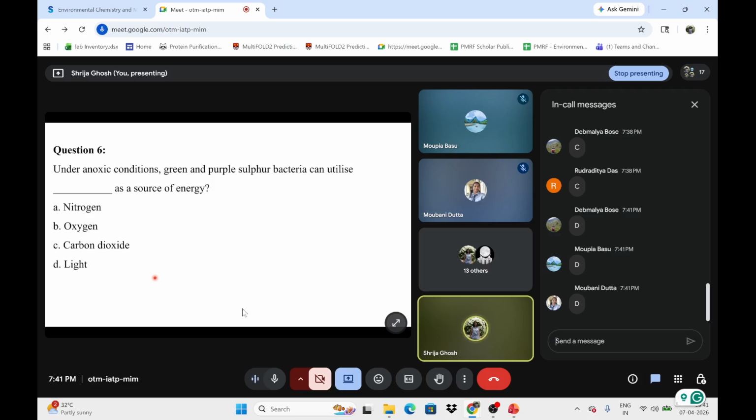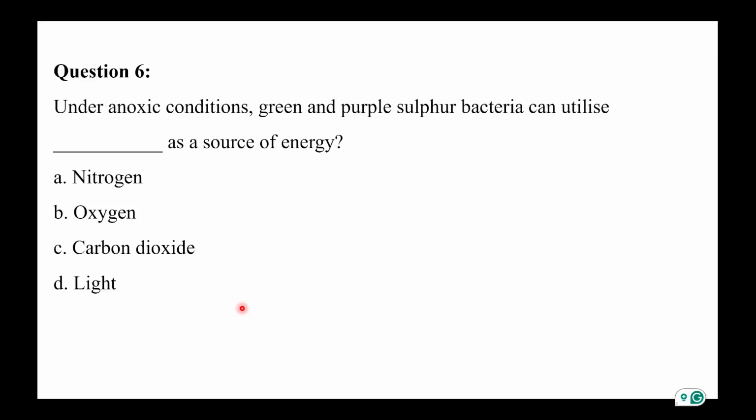I think we have discussed this in the previous session when we were discussing the Winogradsky column. Okay. I see all of you are answering option D, light. That is the correct answer.